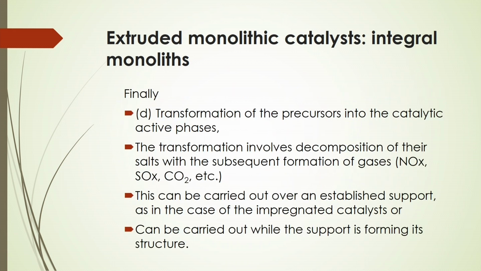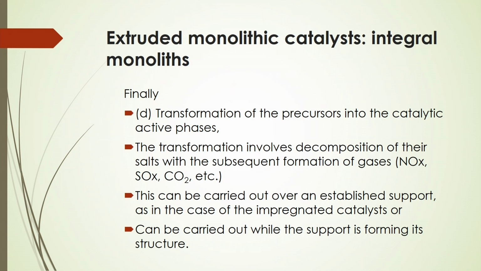Finally, you have to transform this precursor into the catalytic active phases, and the transformation may involve the decomposition of their salts with the subsequent formation of gases like NOx, SOx, even COx also.